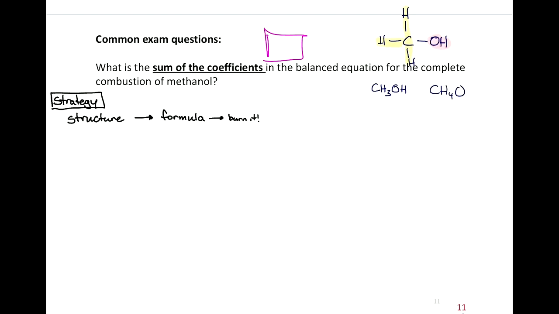Whether you use either of those, it'll still balance the exact same. It's just textbooks will oftentimes write it this way where the OH is tacked on the end, so you clearly see it's an alcohol. Because if you just write CH4O, can you tell that it's an alcohol? Not really, you can't. So that's why in textbooks you'll see it written like this.